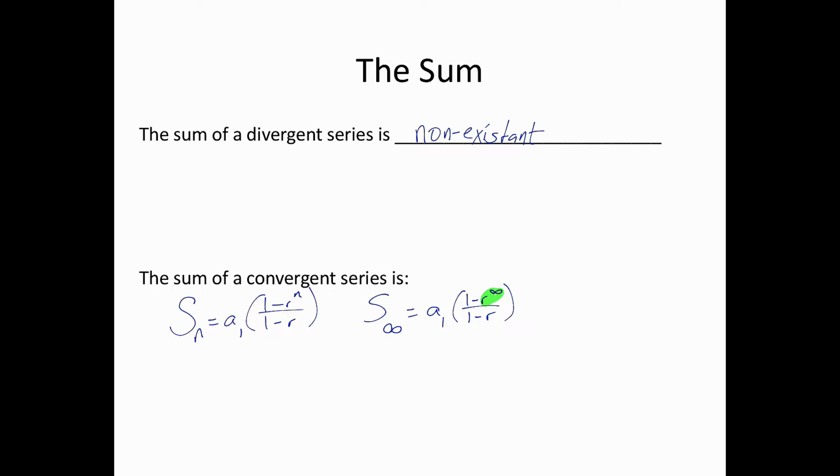Well, let's do a side example here. Let's say r equals 1/2. So 1/2 to the first, thinking about it as a decimal, is 0.5. 1/2 to the second equals 0.25.